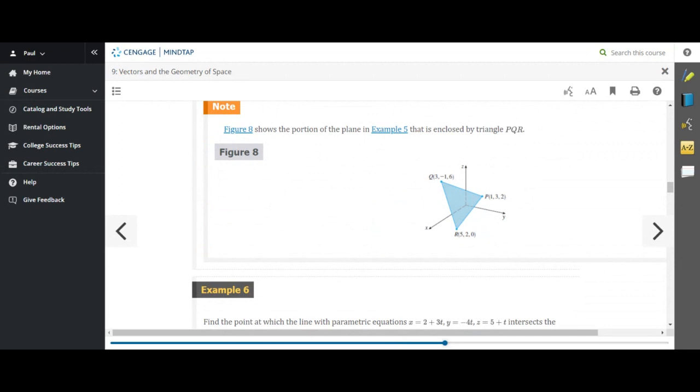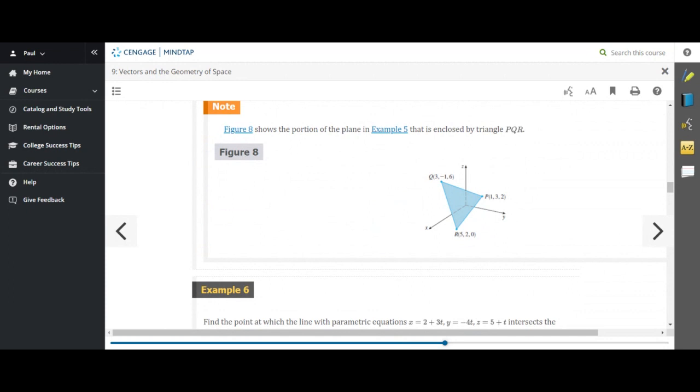We have 3 points, and that, of course, uniquely determines the plane, but we don't have the equation of the plane. So to get the equation of a plane, we need 1 point on the plane, which we have.